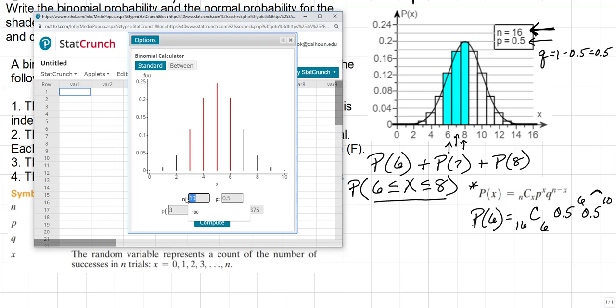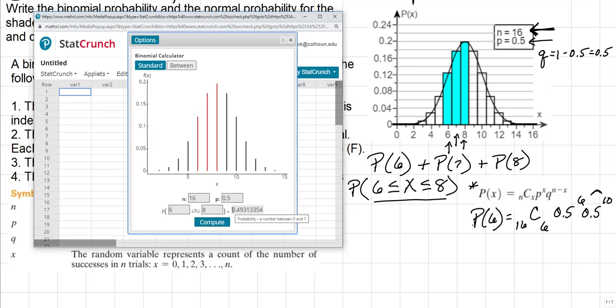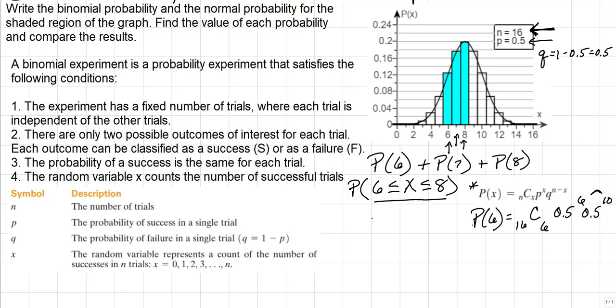We're going to enter n, which we already know is 16. We're going to enter p, which is defaulting to 0.5, and then we're going to go from 6 as our lower value up to 8 as our upper value. Sorry, that should be 8. There we go. And left-click compute, and this right here, rounded to 4 decimal places, is the probability we were trying to calculate.